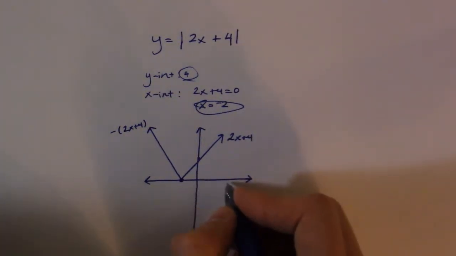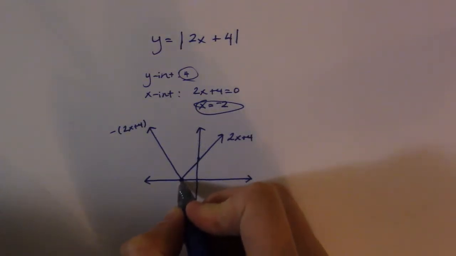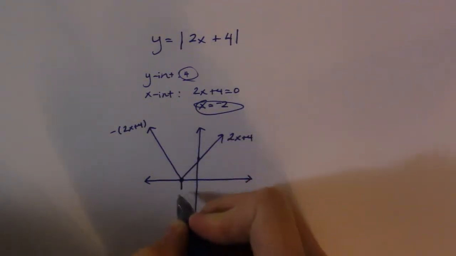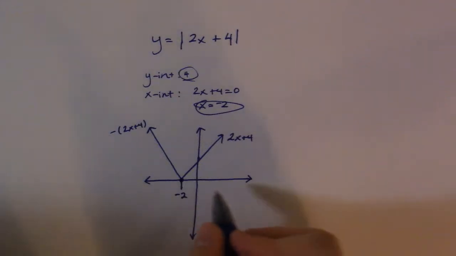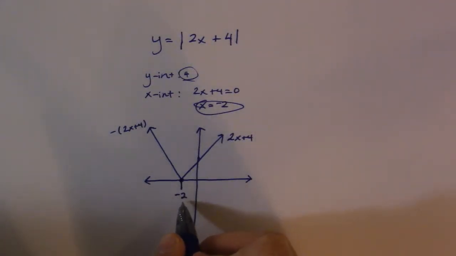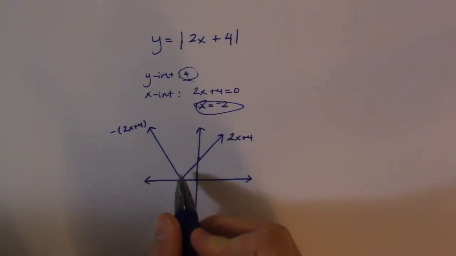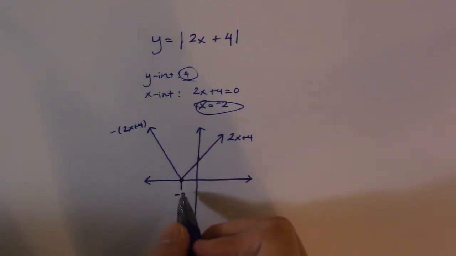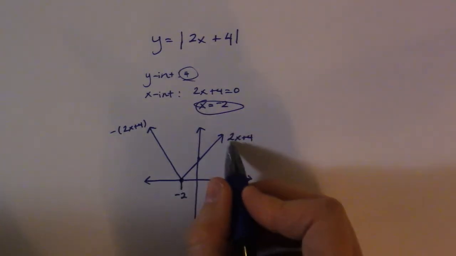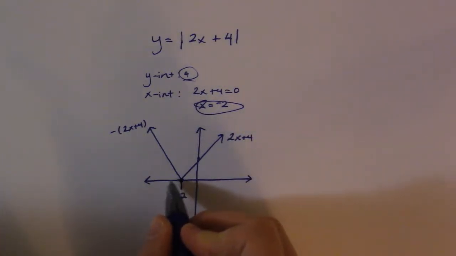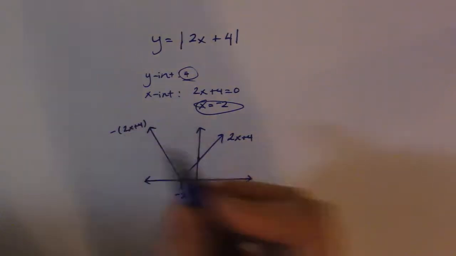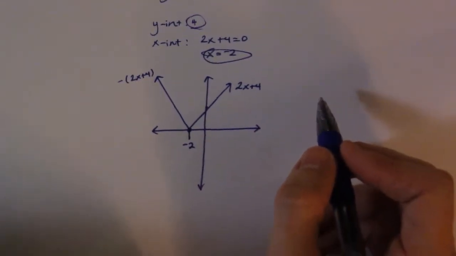As you can see, it's clearly divided into two pieces. -2 is sort of my boundary point where the division occurs. As long as x is greater than -2, I have this guy. As long as x is less than -2, I have this guy. So there's my piecewise function I can write.